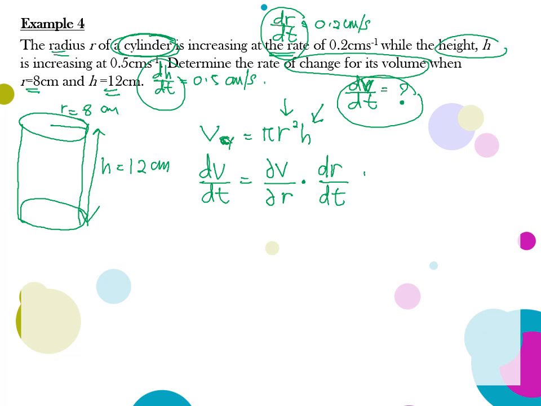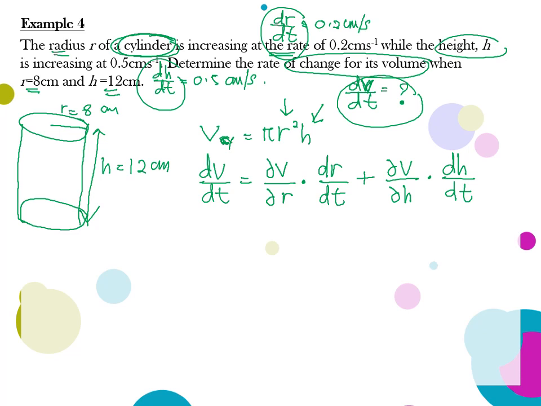But don't forget you have another one, which is for h. So you need to partially differentiate your volume with respect to h and then multiply with dh dt. So del h cancels with dh, so you just have dV dt. The summation of that will give you the overall changes of the volume.